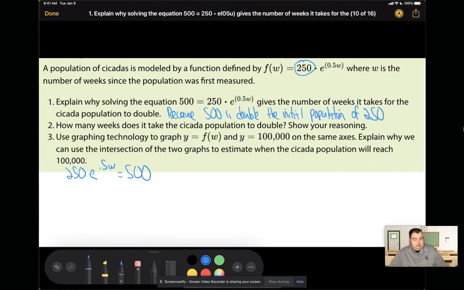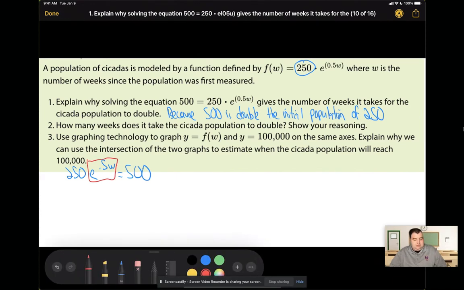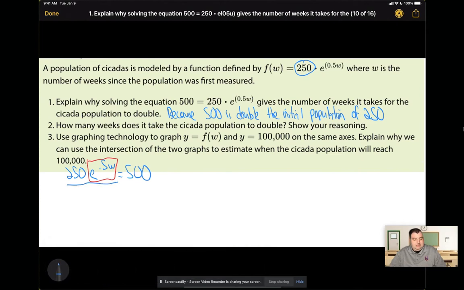So in order to do that, I need to get rid of the 250. To do that, I'm going to divide both sides by 250. That gives me e to the power of 0.5w equals 500 divided by 250, which is 2.